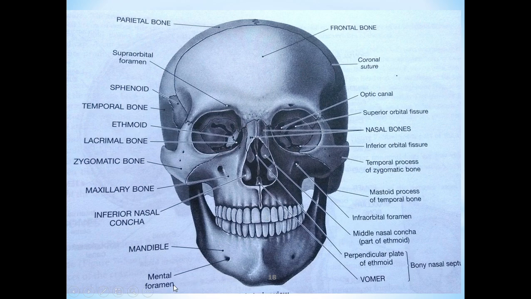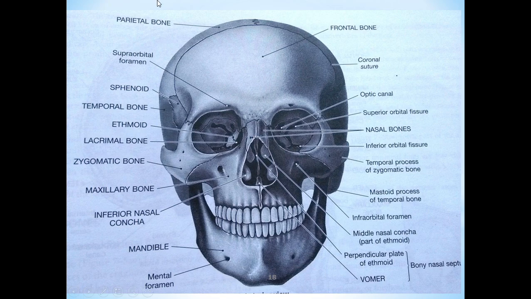We have here the movable part of your jaw, which we call the mandible. The immovable jaw is what we call your maxillary bone. Our cheekbones are known as your zygomatic bone. The bone located in your forehead is what we call your frontal bone.